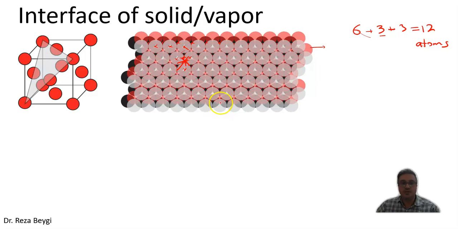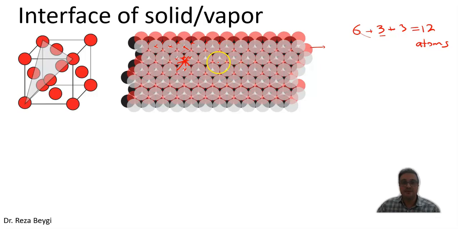around each atom. When we choose this crystallographic plane as the free surface, it means that we won't have any other atom, for example in this direction, also in the direction outward of the screen.